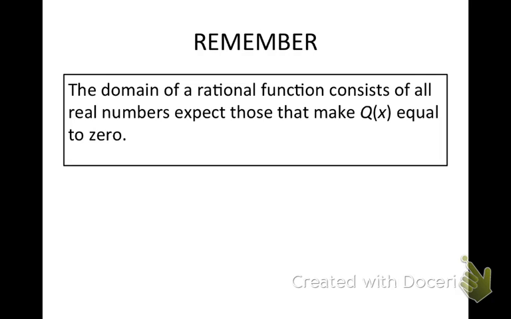So if you're asked to find the domain, your domain is going to be all real numbers, excluding whatever those values of x would make your denominator equal to 0.